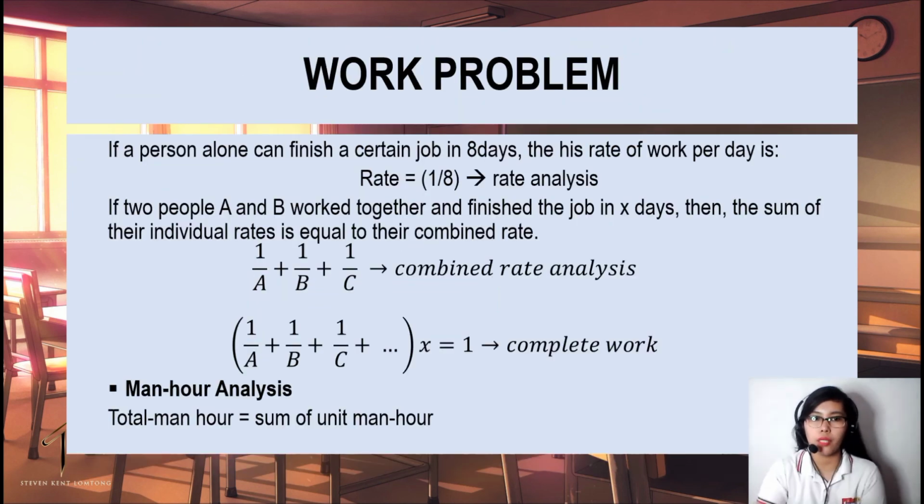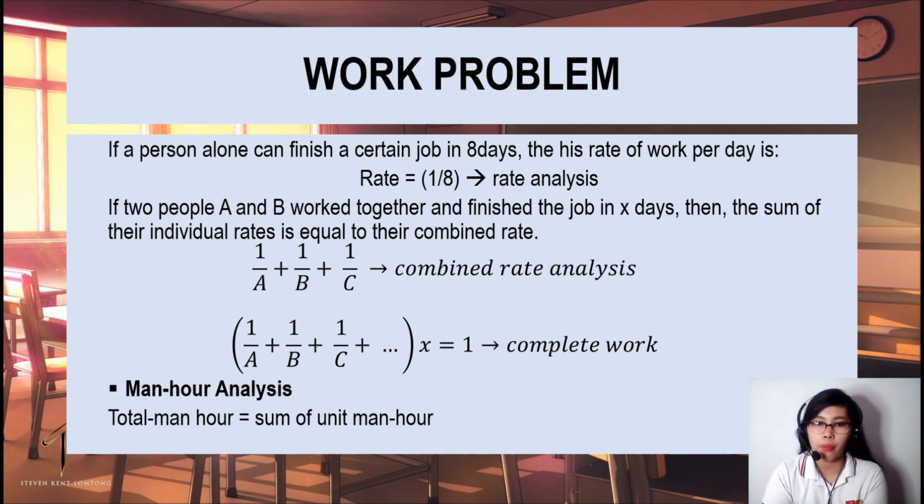Now, let's proceed with the work problem. If a person alone can finish a certain job in 8 days, then his rate of work per day is 1 over 8. If two people A and B work together and finish the job in x days, then the sum of their individual rates is equal to their combined rate.